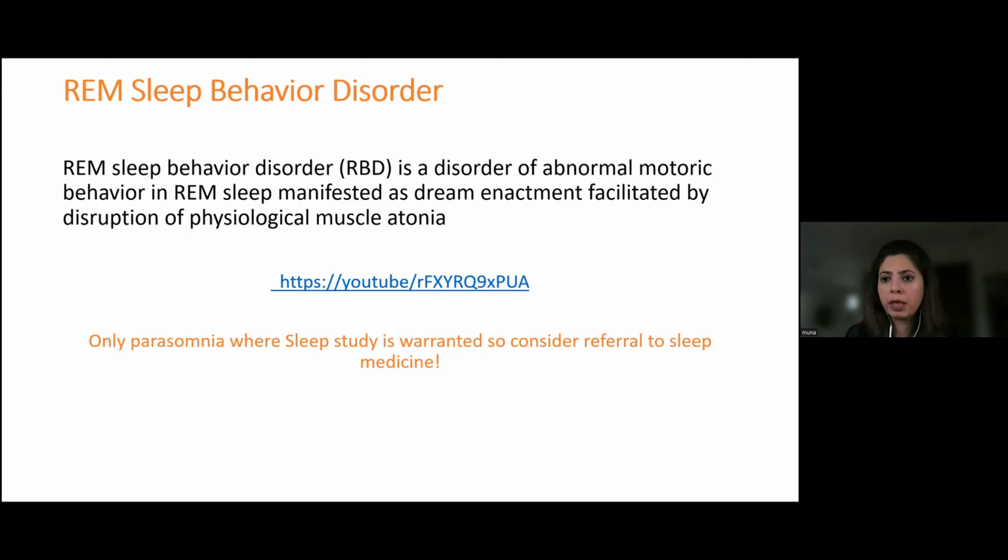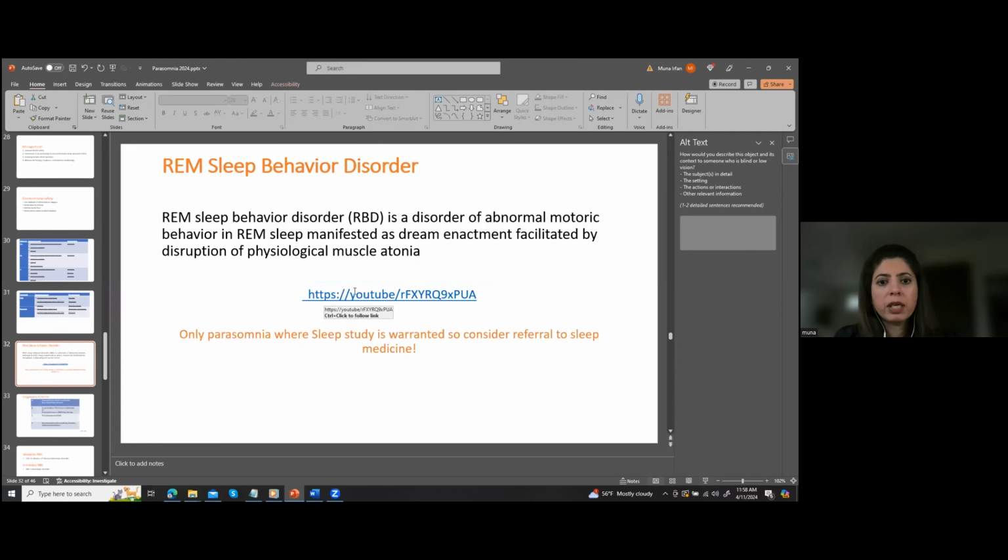And if you hear about that, then that would be the time to refer to sleep medicine. This is the only parasomnia where we need to get a sleep study for all the cases. So that is one thing, if you can take that point home.